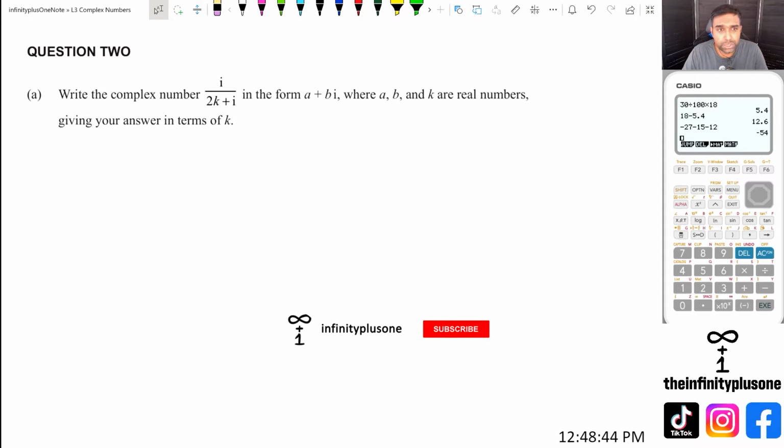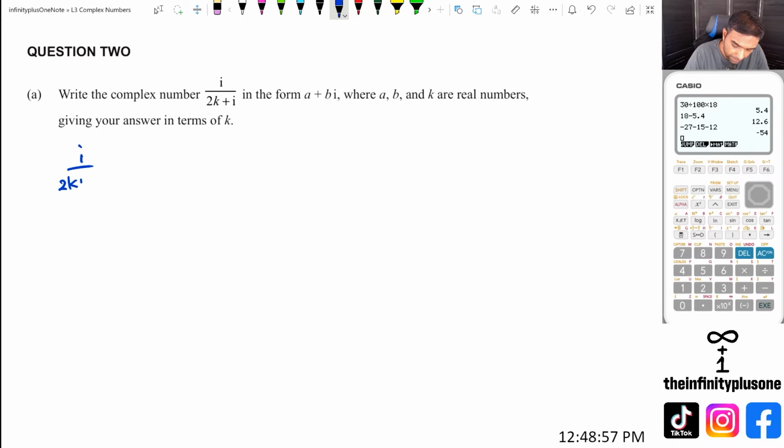All right, folks, so for question 2, what we've got is write the complex number in the form a plus bi. So we've got i divided by 2k plus i. So we want to multiply it by 2k minus i, and the numerator also by 2k minus i. So in the numerator, I'm going to end up with 2ki minus i squared, divided by 2k squared minus i squared.